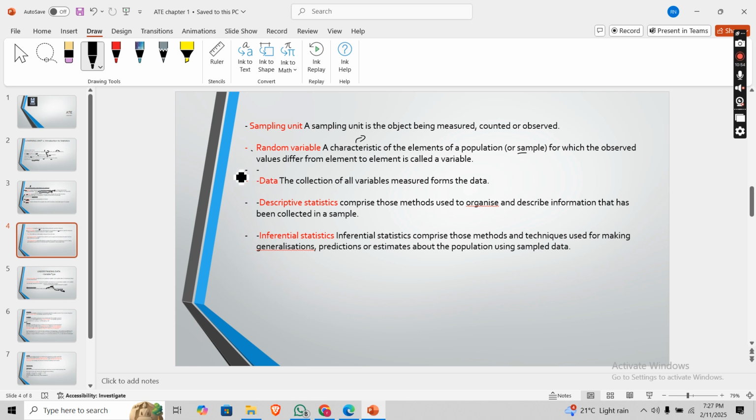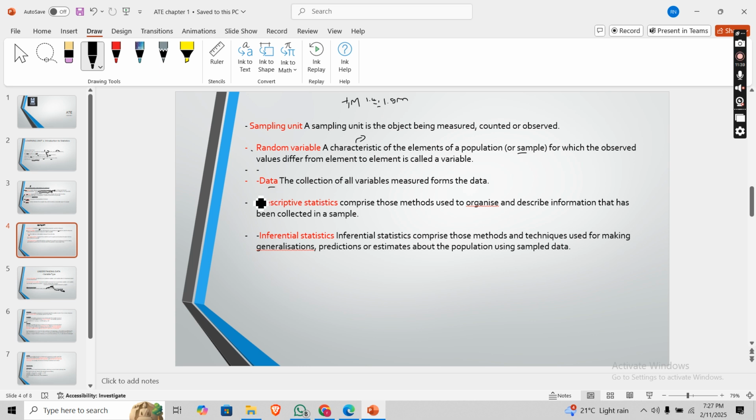For example, when I measure the height of students and write down that specific number, maybe the first height would be 1.4 meters, and then the height of the second student would be maybe 1.5 meters. These values are called my data. Okay?